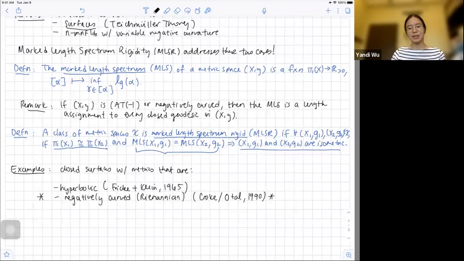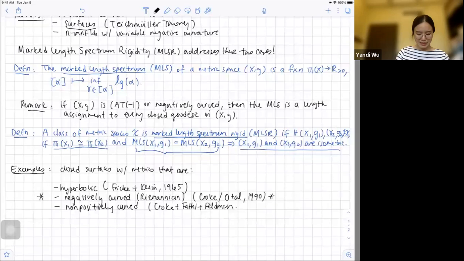And it inspired a long list of generalizations. For example, you have non-positively curved surfaces as well. This is a result by Croke, Fathi and Feldman from 1992, allowing for zero curvature.